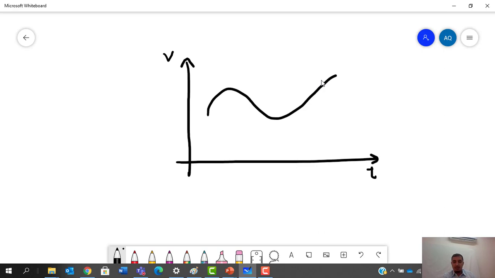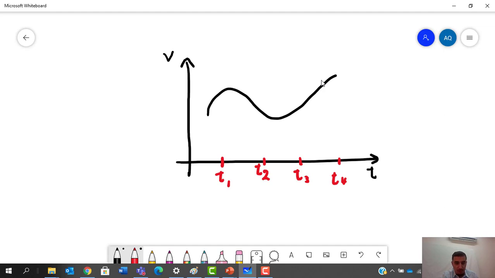Now when we say sampling, we want to divide the samples based on time. We divide the axis to give these samples. So we have here T1, here T2, here T3, and here let's say T4.